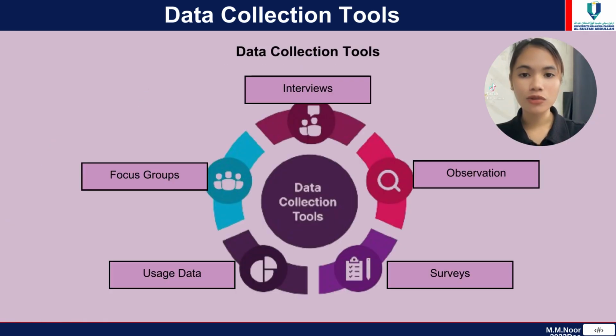Data collection tools ensure that we are on the correct route. We need to employ the right methods for acquiring information, much like having the right tools for the work. To ask questions and keep things organized, we use tools like surveys and checklists.